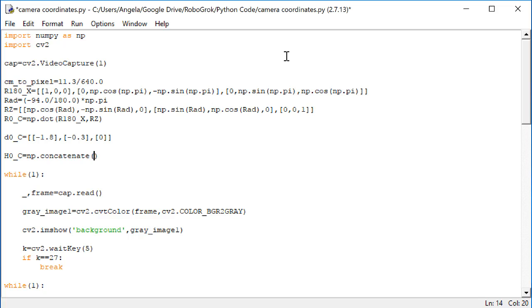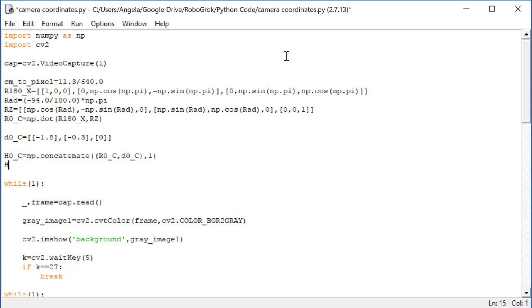Remember, we learned how to do this back in the kinematics section when we did homogeneous transformation matrices. So I won't re-explain it here, but we're going to use the concatenate function to put these matrices together. The first thing we want to concatenate together is R0C, and we want to concatenate that with D0C. And 1 is the axis along which we want to concatenate.